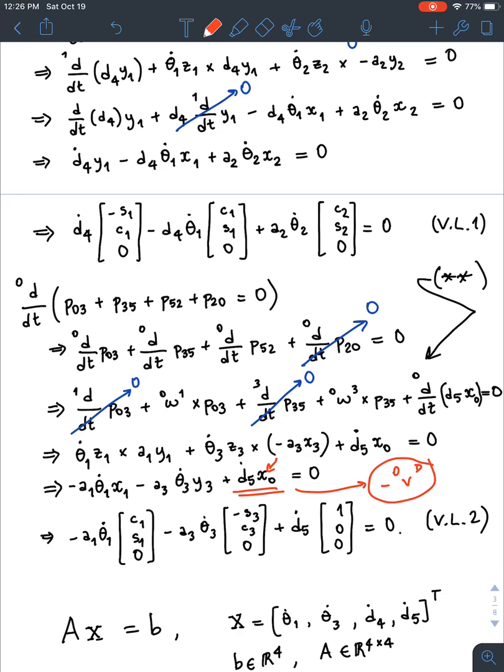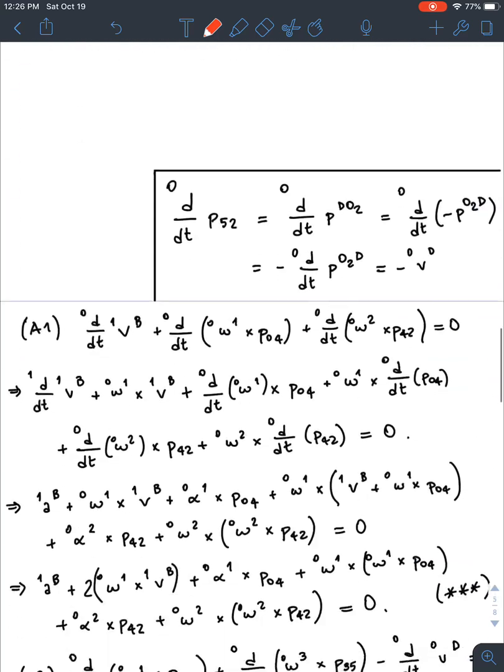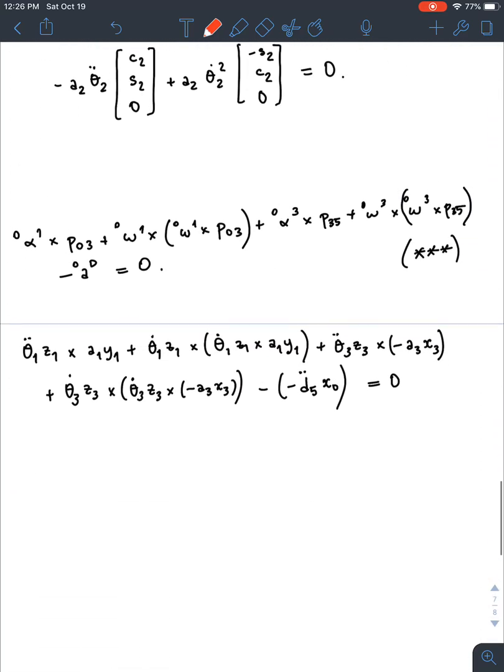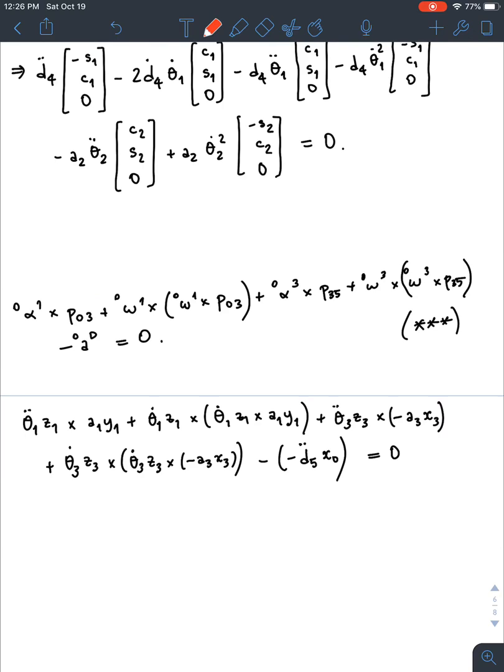So we're left with d5 double dot in the x naught direction for the negative of the acceleration of d in 0. So go all the way back down there. Essentially, the negative of the acceleration of d in 0 must be d5 double dot x naught. So hence, we have this term right there that corresponds to that.